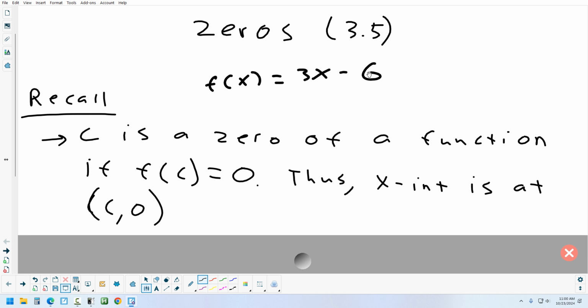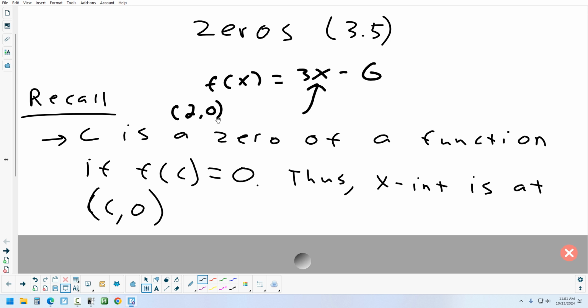Since the root is 2, if I look on my graph at the point (2, 0), that's going to be where it crosses the x-axis. So when you're looking at the root, I just want you to understand it tells you where it crosses the x-axis. Any question on that? The root tells you where it crosses the x-axis.